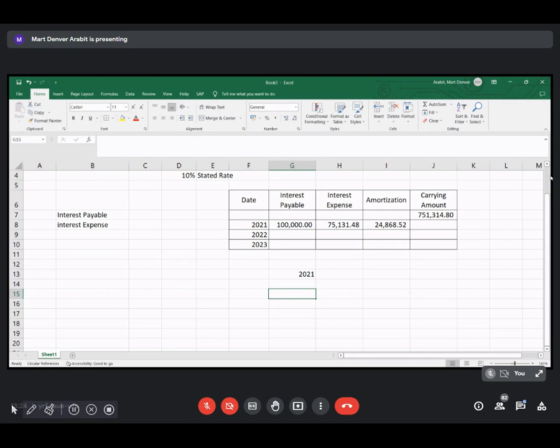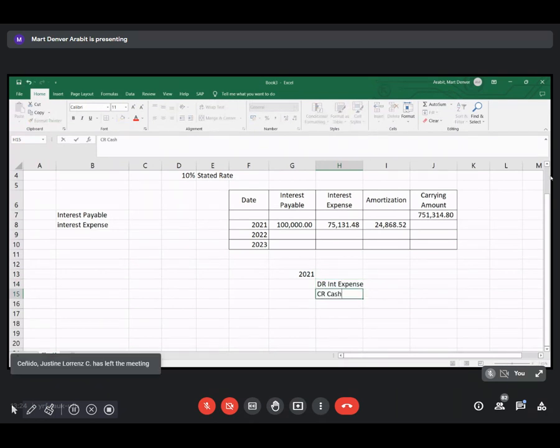Okay, so the entry is debit, interest expense, and credit, cash. So, debit interest expense, and credit cash. So, that is the entry. Both at 100,000.